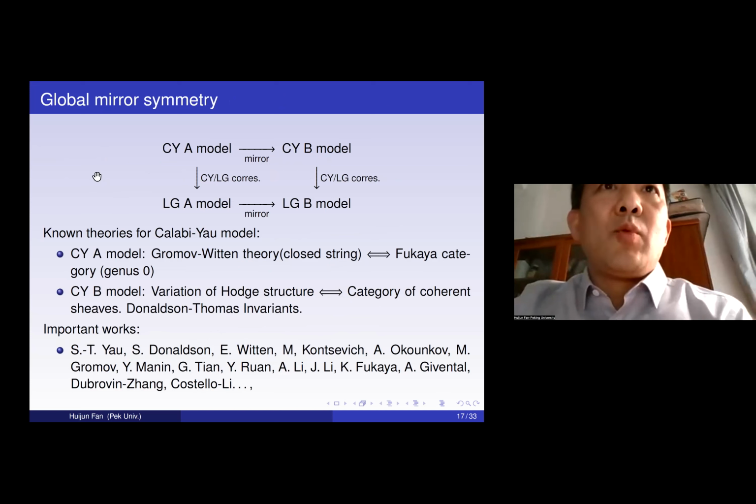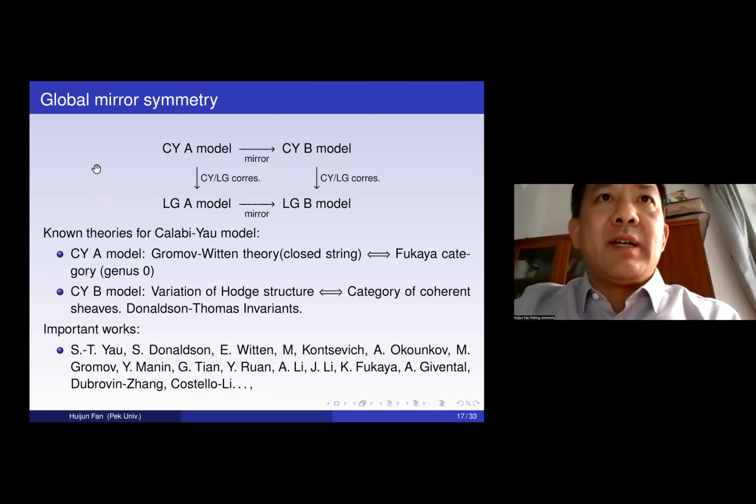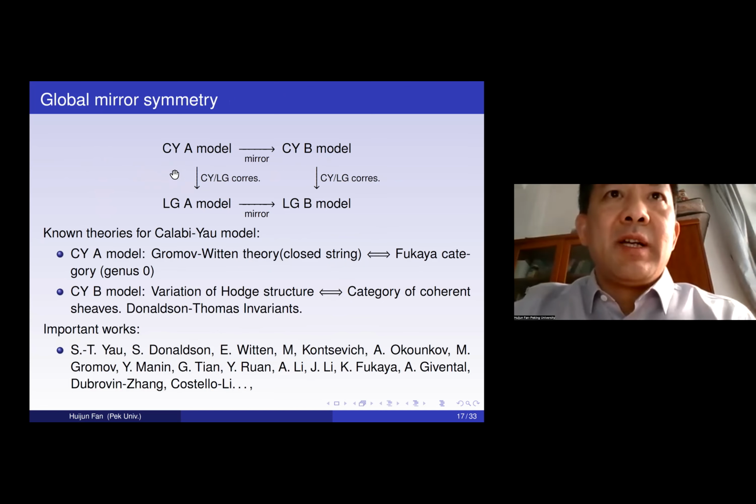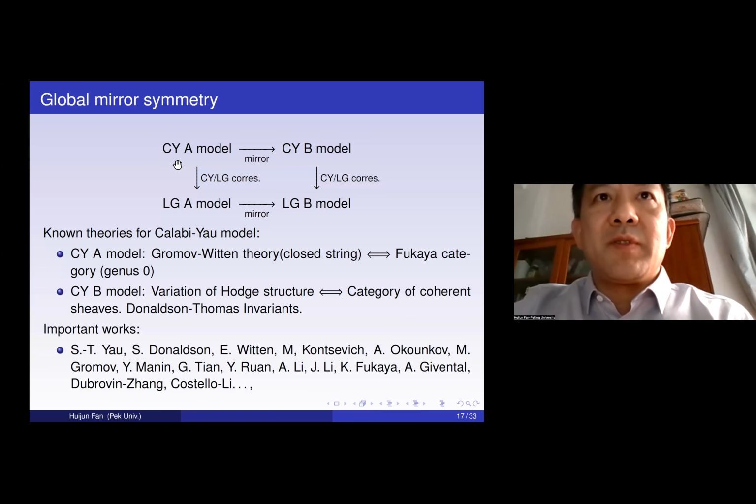And now we can understand the global mirror symmetry picture. The global mirror symmetry picture is this diagram. In the upper line, you have the Calabi-Yau models. The Calabi-Yau A model is mirrored to the Calabi-Yau B model. In the lower horizontal line, you have the correspondence of the LG A model to the LG B model.